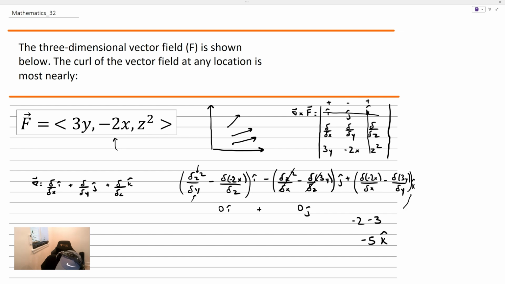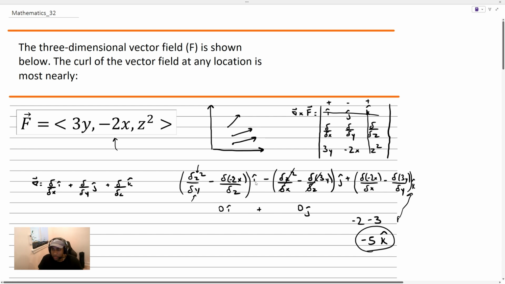And that's pointing in the k hat direction. So this should be our answer to what the curl of that vector field is. And one thing that you can note is that the curl is a constant value for this function, and it could be a function of position as well. The curl could change at different positions inside of the vector field. This one is just a constant vector kind of into the page. Its magnitude is negative 5.